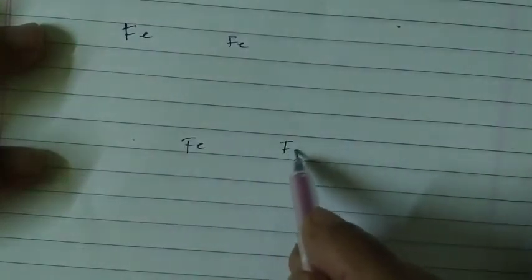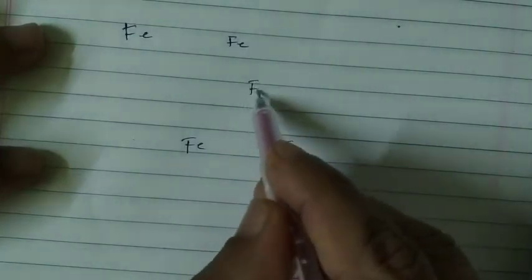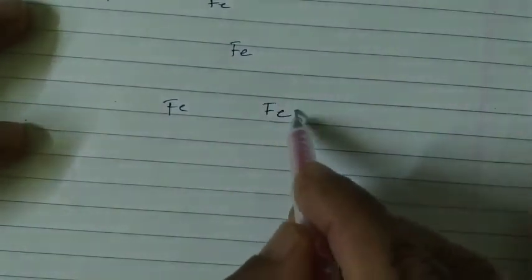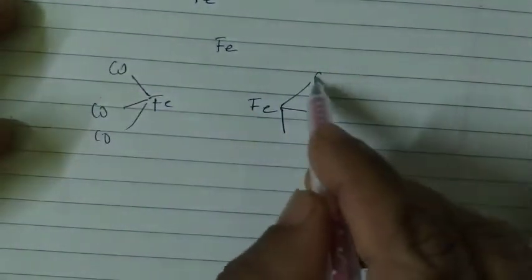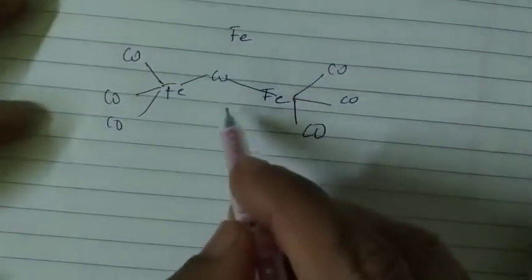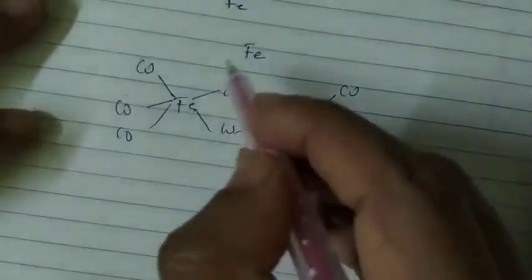So you should know that the structure is like this. Fe3 is there, so you can take the three irons here like this: 1, 2, and here I will take 3. On the three irons there are carbonyls, CO, CO, CO, 1, 2, 3, and this is bridged by 2 carbonyls.